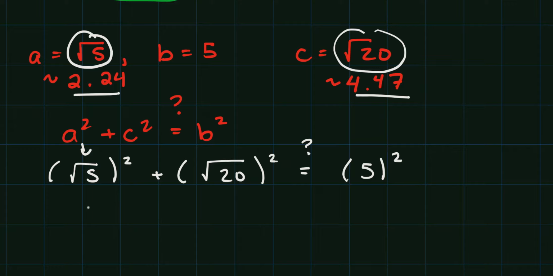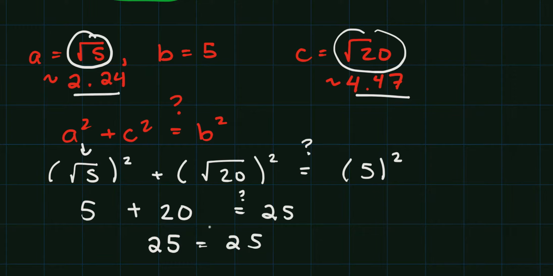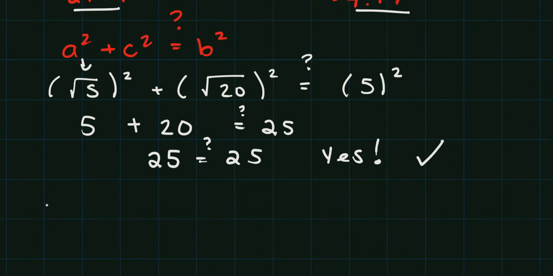So the square root of 5 squared is 5, plus the square root of 20 squared is 20. Is 5 plus 20 equal to 5 squared, which is 25? Is 25 equal to 25? The answer is yes. So it does form a right triangle. So this implies we have a right triangle.